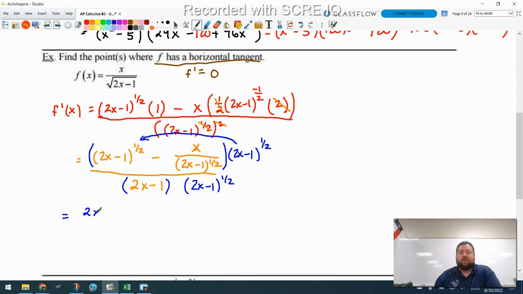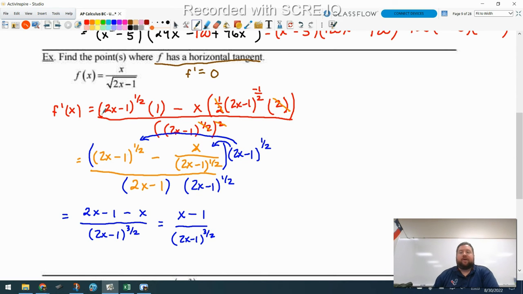So that ends up just being 2x minus 1 to the first power, so I don't need to write that. Here, distribute to this, that cancels out, and you're left with minus x. And then here, multiply them together, you get 2x minus 1 to the 3/2 power. Power of 1 plus 1/2 is 3/2. So my simplified form will be just x minus 1 on top, combining my like terms, over 2x minus 1 to the 3/2 power.